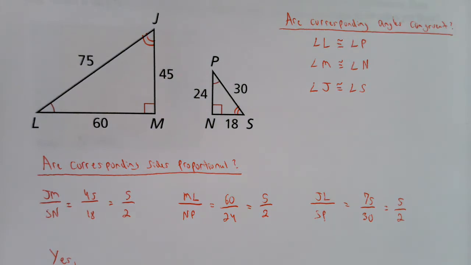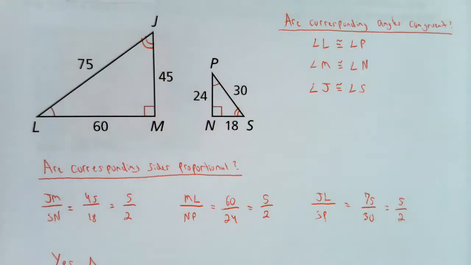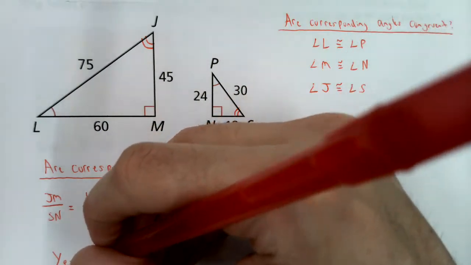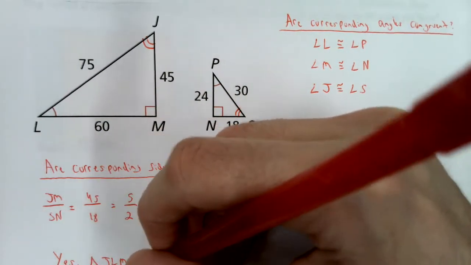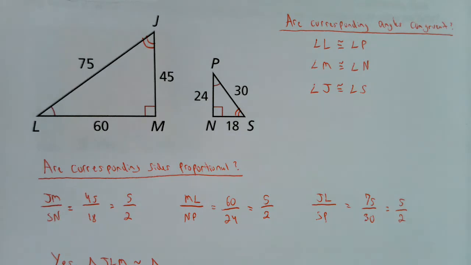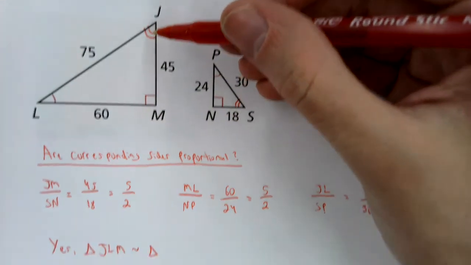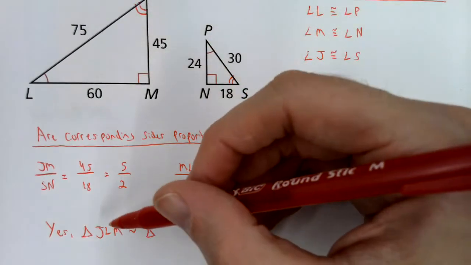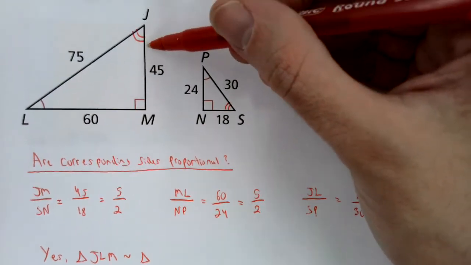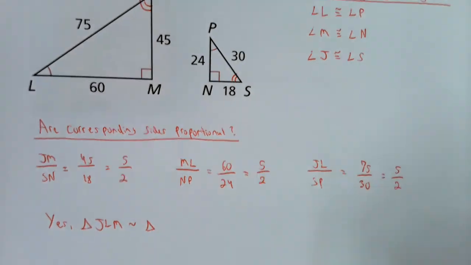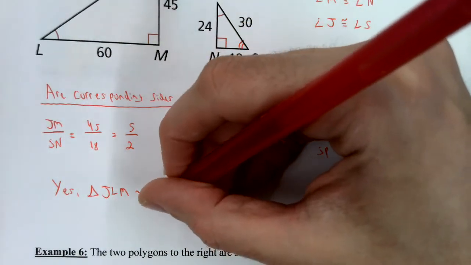Write a similarity statement. Yes, triangle JLM is similar to triangle. You have to go in the same order, okay? So just like with congruence, J is listed first. J corresponds with S. So I have to put S first.